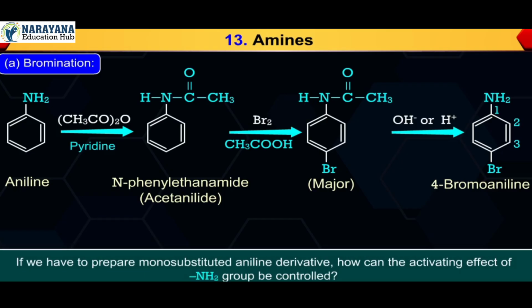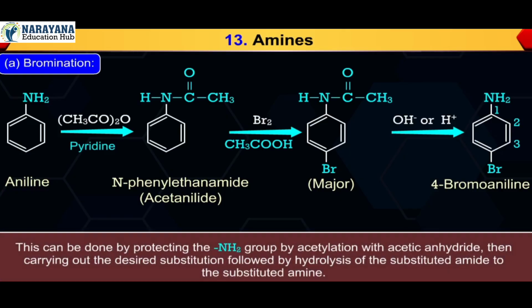If we have to prepare a monosubstituted aniline derivative, how can the activating effect of the NH2 group be controlled? This can be done by protecting the NH2 group by acetylation with acetic anhydride, then carrying out the desired substitution followed by hydrolysis of the substituted amide to the substituted amine.